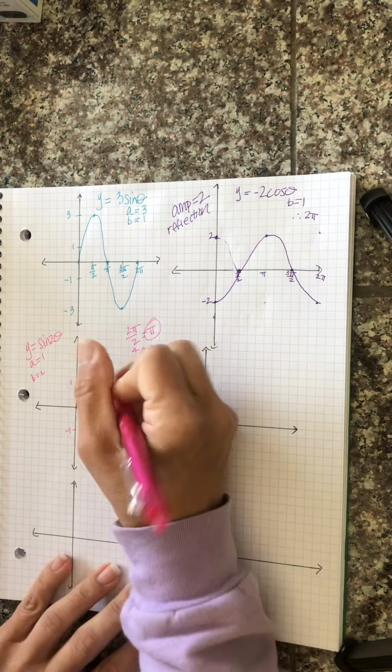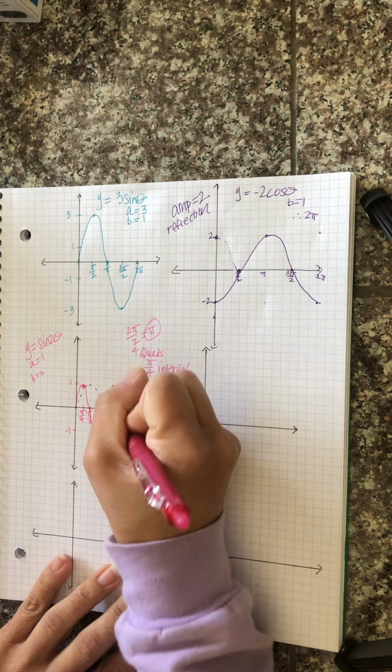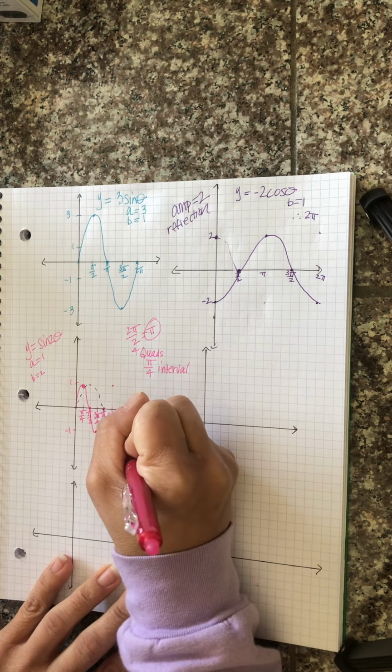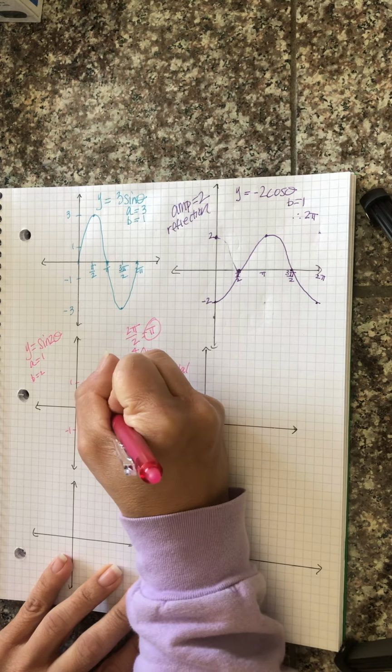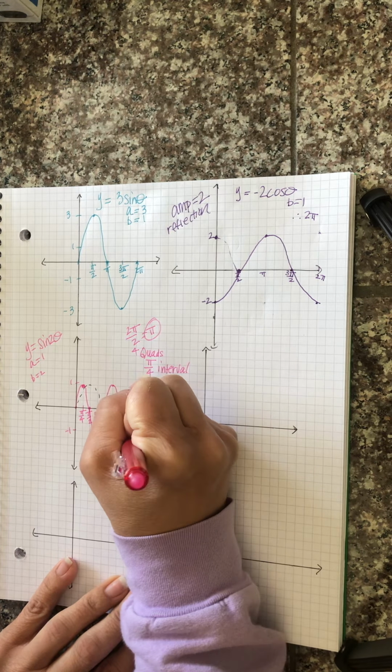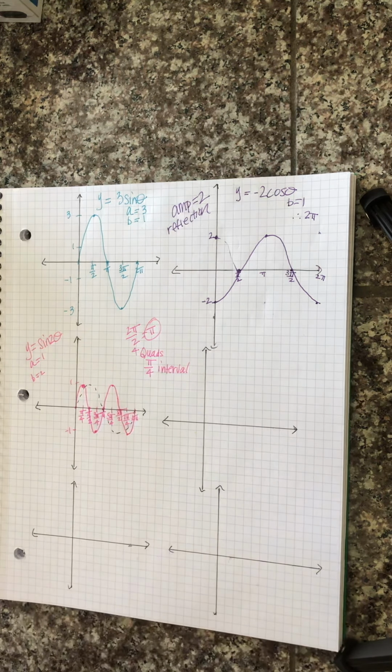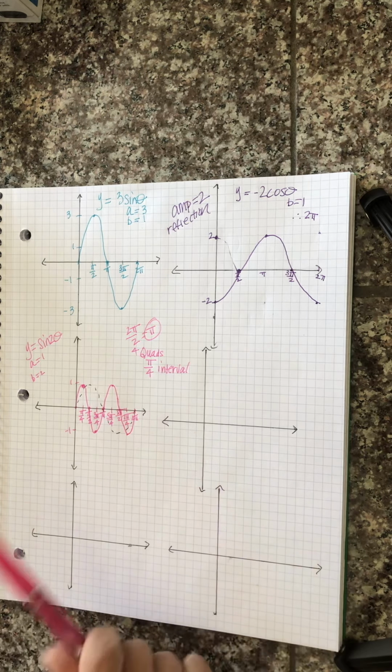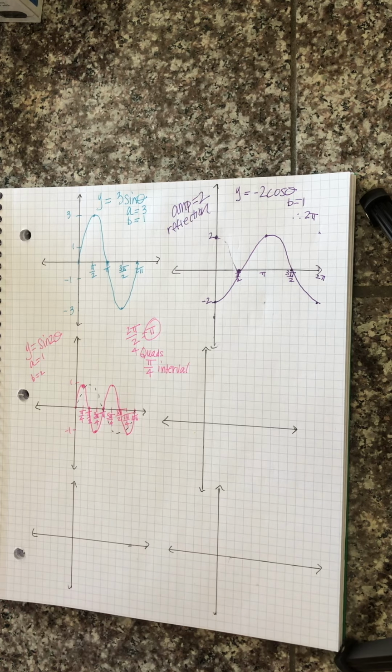Keep going. 5 pi over 4, 3 pi over 2. I messed it up here a little bit. And there is how you graph the sine of 2 theta. Each interval was pi over 4.